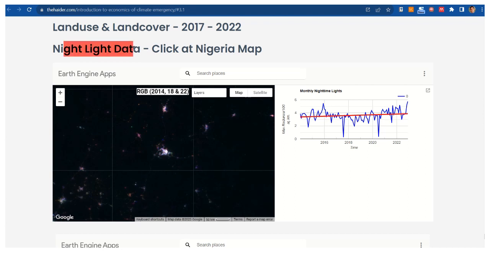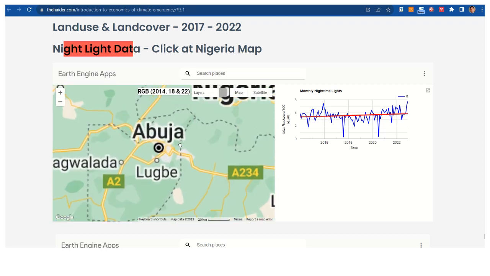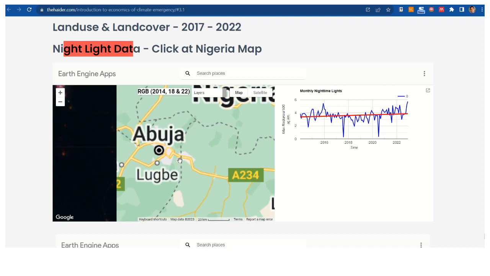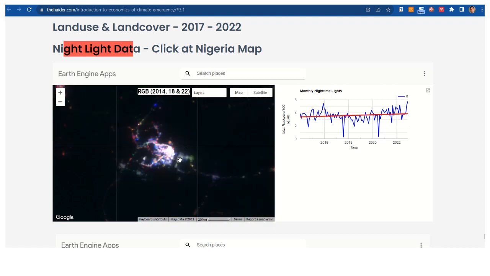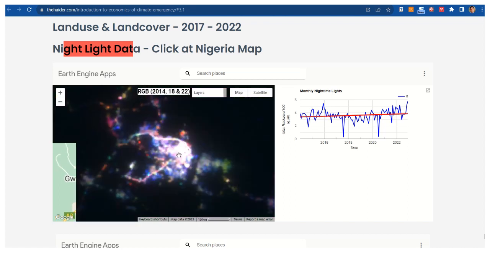This is the night light data, and this is the night light of Abuja here. This white color shows that since 2014 the night light is more, meaning it's stable, meaning development has been there since 2014. So this is not the land use land cover.